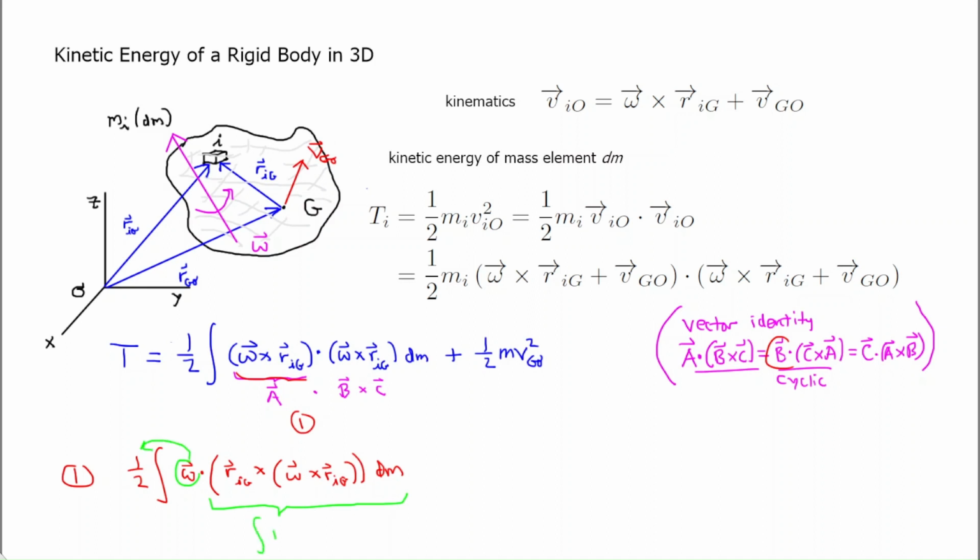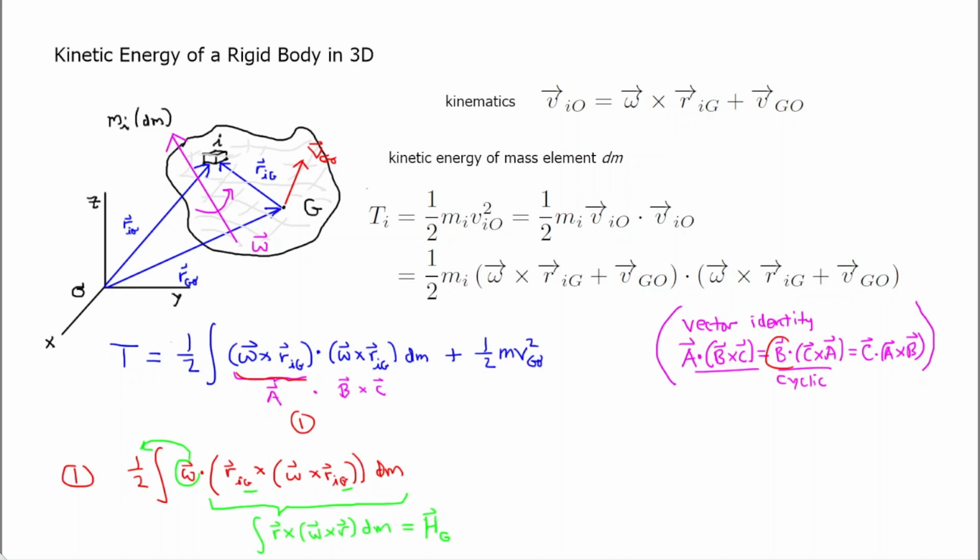Otherwise, this integration of r cross omega cross r, in parentheses dm, is just our definition for the angular momentum vector of this rigid body. Since these points are referencing g, this is the angular momentum of that rigid body about its center of mass. So this actually resolves pretty quickly here.